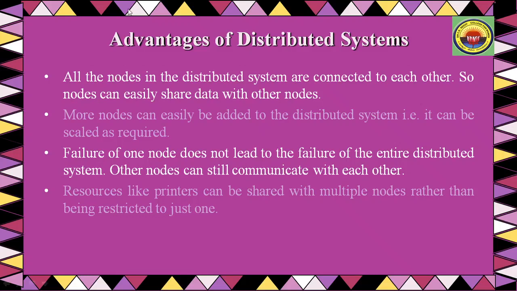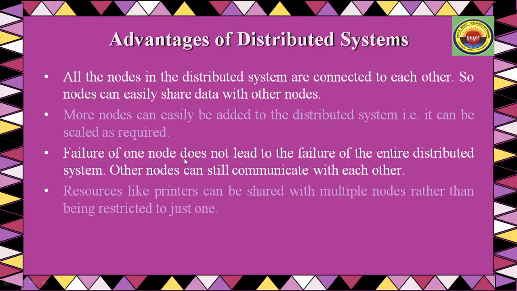Like that, all the nodes in the distributed systems are connected to each other, so nodes can easily share data with other nodes. More nodes can easily be added to the distributed systems. When there is a distributed system, we can easily scale it as and when required. Whenever you want to add 10 more friends, you can simply add them. That is nothing but scalable. Whenever required, you can do it more or less.